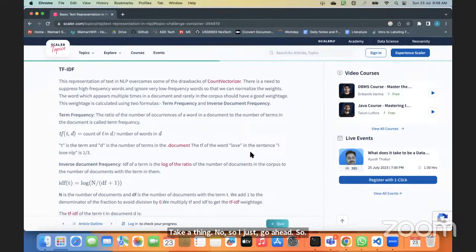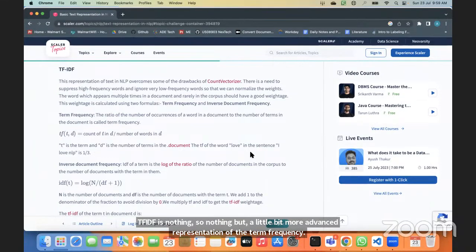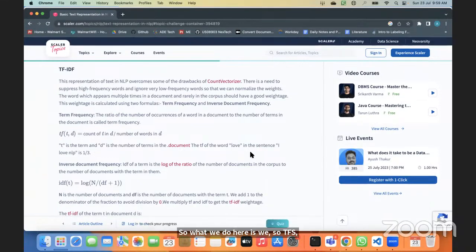TF-IDF is nothing but a little bit more advanced representation of the term frequency. TF in TF-IDF is the term frequency, and IDF in TF-IDF is the inverse document frequency. So instead of just saying that this term is occurring these many times, we'll also say that this term is occurring in these many documents. That is basically the most intuitive thing that you can understand from this.